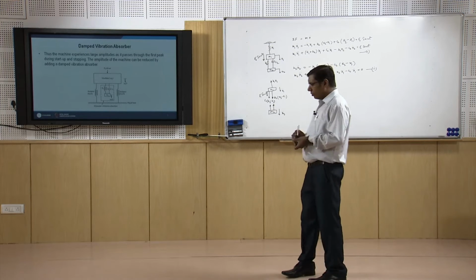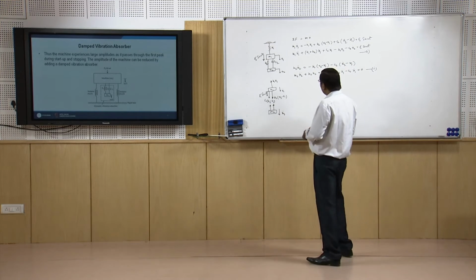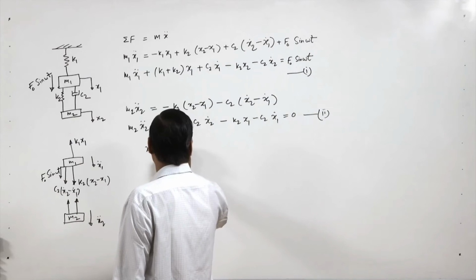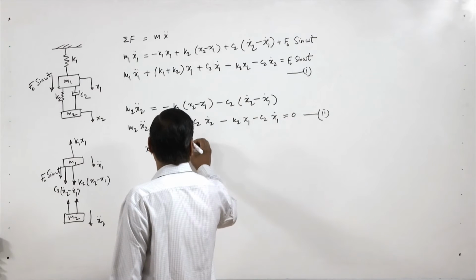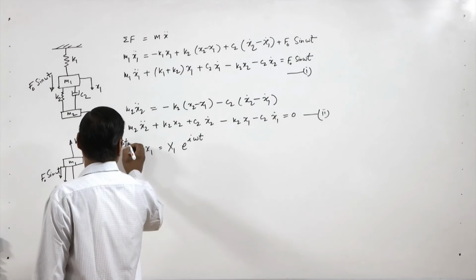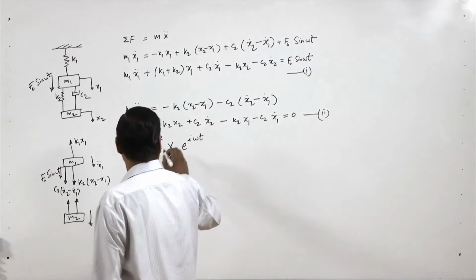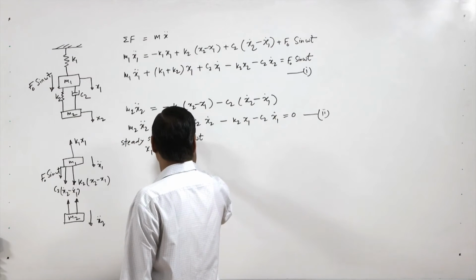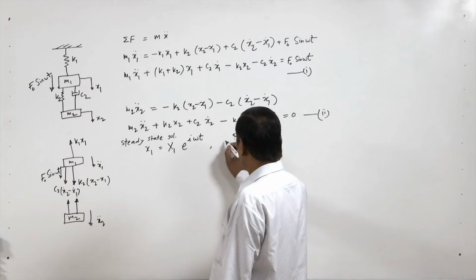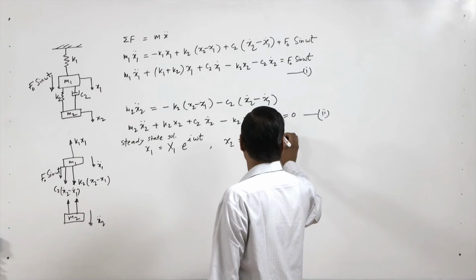Now we have to solve these equations. So we assume some solution. So let's say that x1 equal to X1 e power i omega t in the steady state solution. So x1 equal to X1 e power i omega t and x2 equal to X2 e power i omega t.